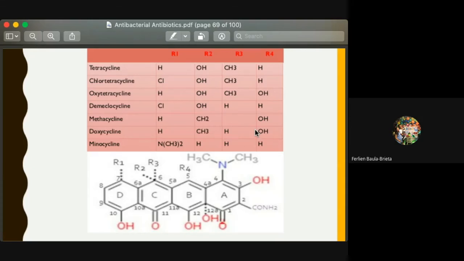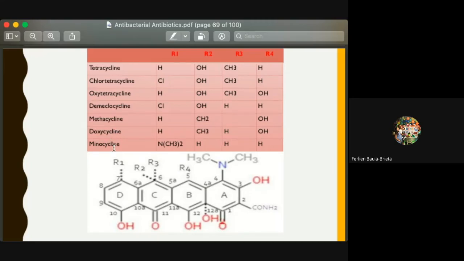So we have our hydroxyl, instead of in R2, now located in R4. And our methyl, instead of in R3, is now located in R2. So doxycycline has the same nature, but with a different place for substitution only.